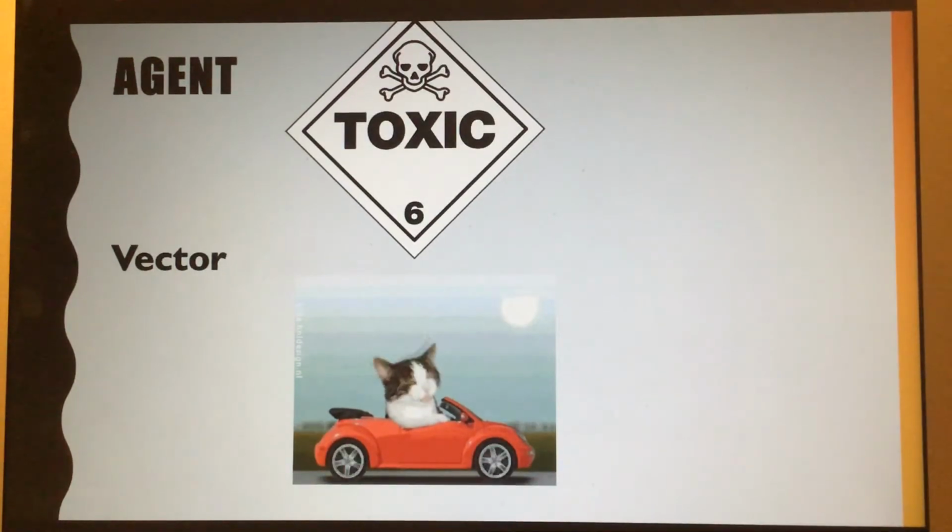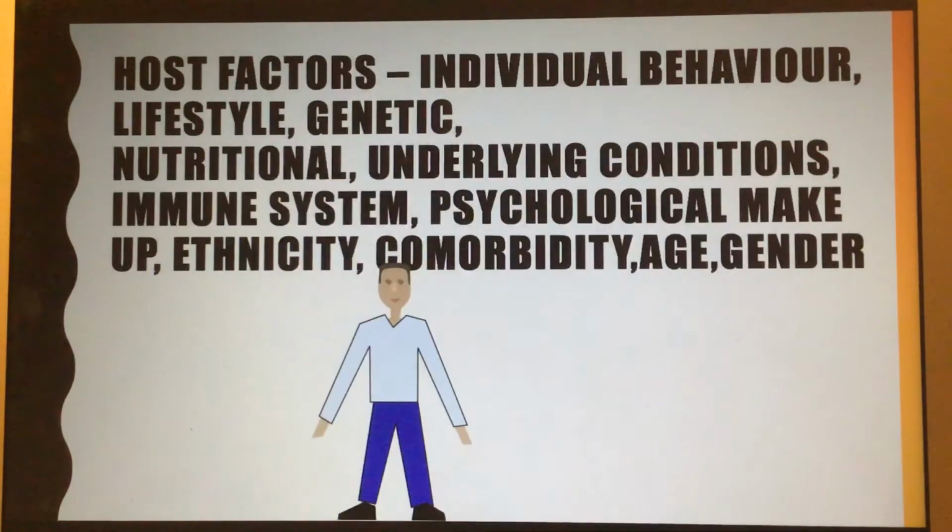Agent is like a toxin, and a vector is like transportation to carry the toxin from one place to the host. Agent is different from vector. Agent is the thing that causes the disease, and vector is the thing that transports the toxin.